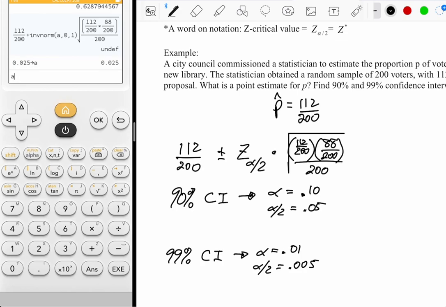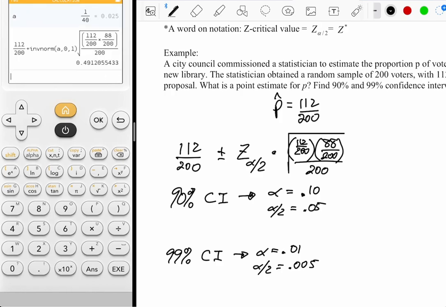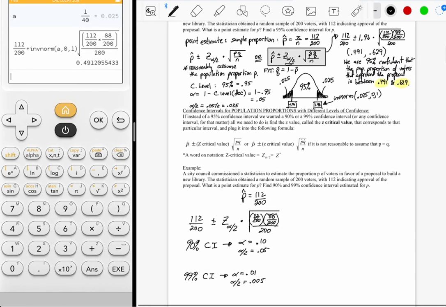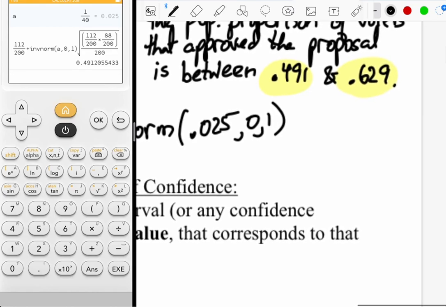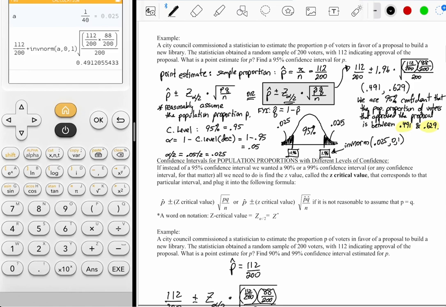At least we're in the game. Right? So A is now valued at 0.025. So when I run this computation, it gives me the high bound that we came up with earlier. High bound. That should be low. Oh, because the 1.96 is actually negative when you run this computation. So it'll give it to you in reverse, which is fine, I guess.